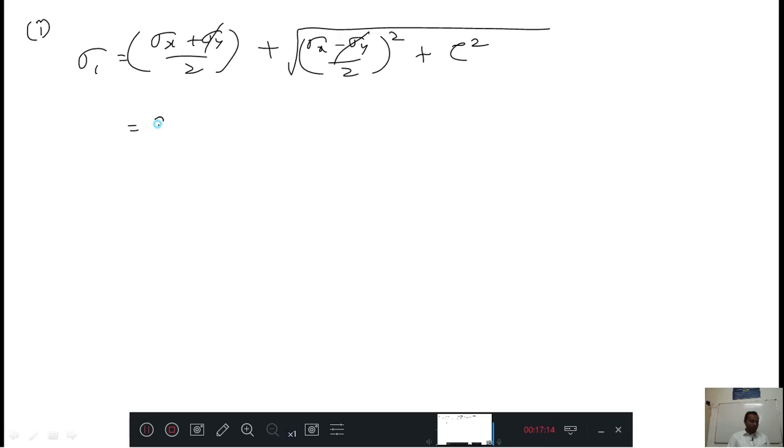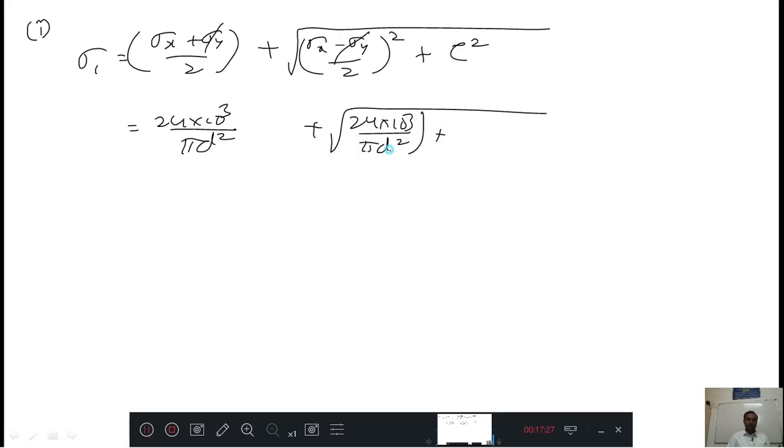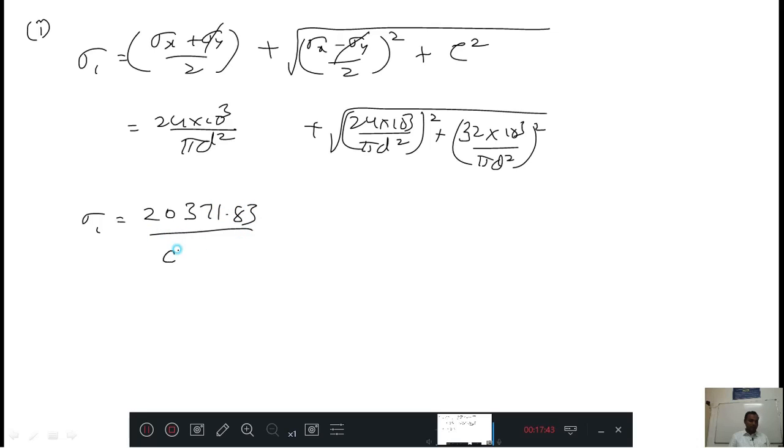If we substitute, 24 into 10 raised to 3 divided by pi d square plus square root of 24 into 10 raised to 3 divided by pi d square, whole square, plus 32 into 10 raised to 3 divided by pi d square, whole square. If you simplify this one, you will get sigma 1 equal to 20371.83 divided by d square.